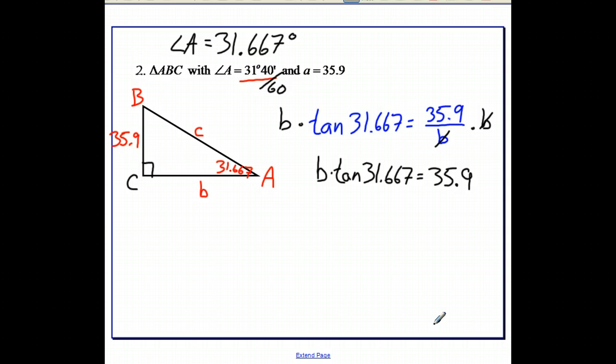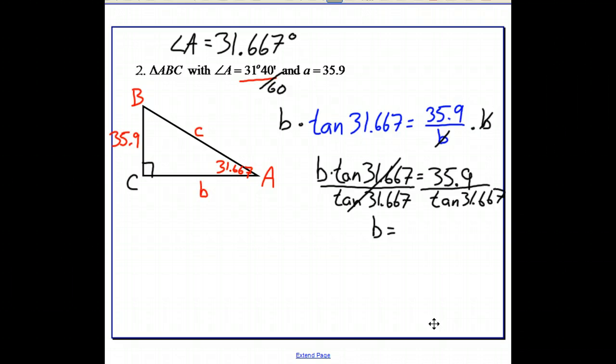Well, we need to get B by itself, and we have multiplication, so let's divide by the tangent of 31.667. Those will cancel out. Divide by the tangent of 31.667. And now we have B is going to be equal to something.